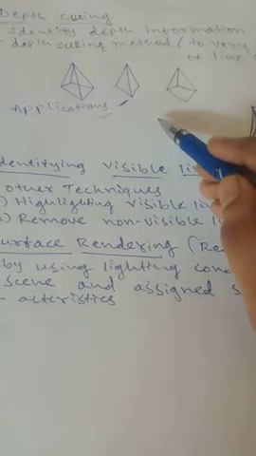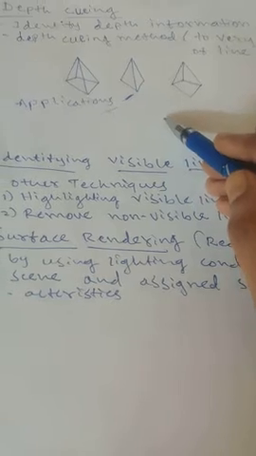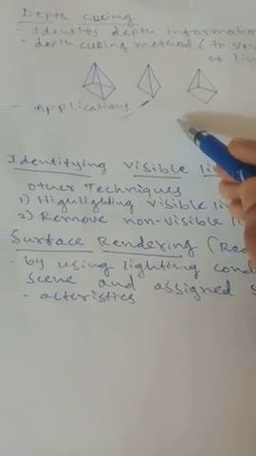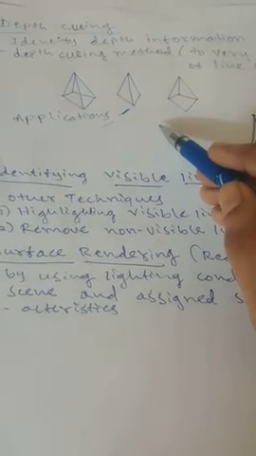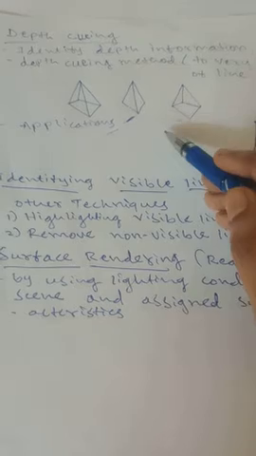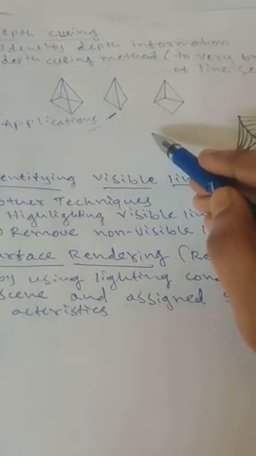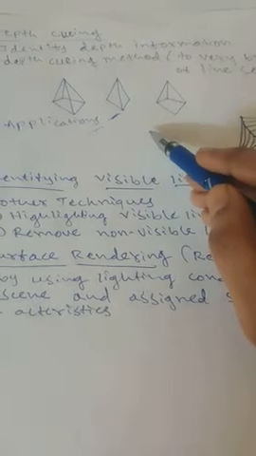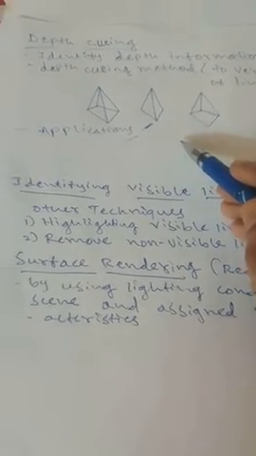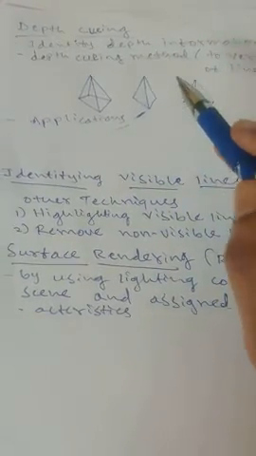A more distant object appears dimmer to us than a nearer object due to light scattering by particles like dust and smoke. Second, some atmospheric effects can even change the perceived color of an object, and we can model this with depth cueing. So these are the two important applications of the depth cueing method.